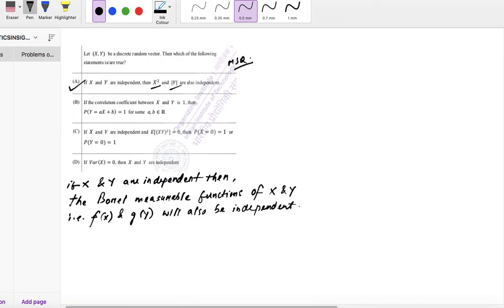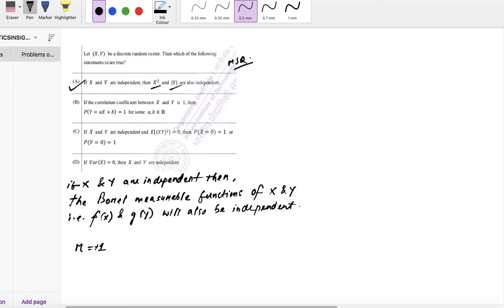For option B, it is told that the correlation coefficient between x and y is 1. What does it mean? The correlation coefficient is 1, that means positive 1. This means there is a perfect linear relationship between x and y.